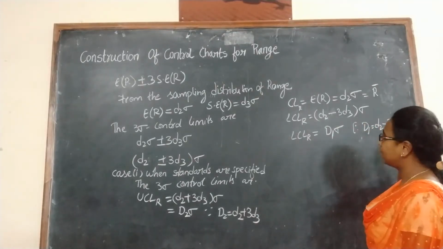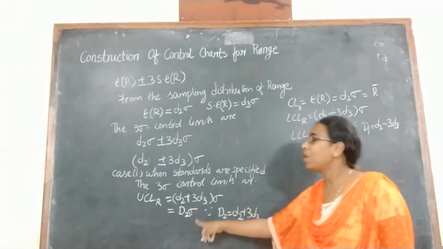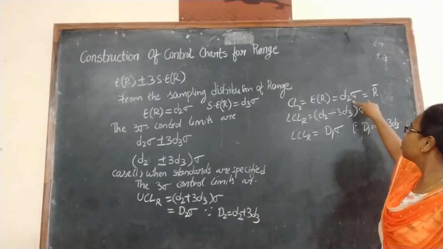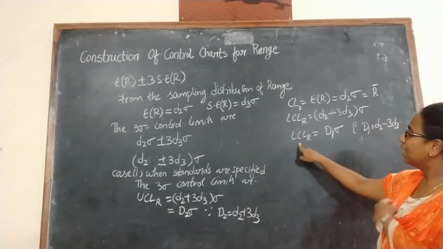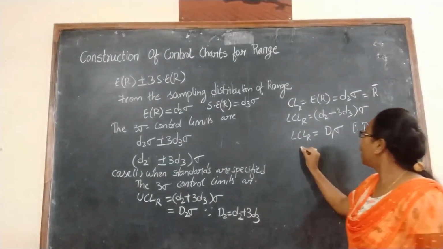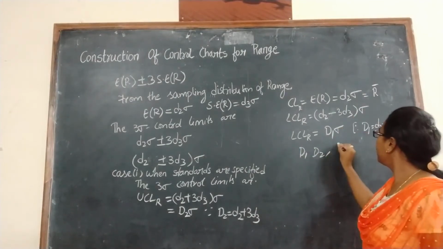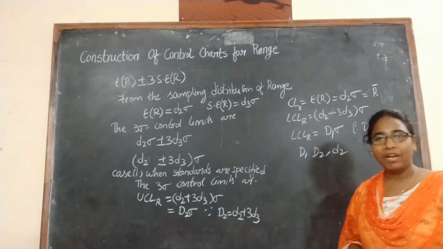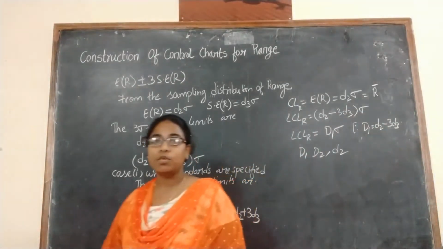So what is the UCL here we got? Capital D2 sigma, and the CL is small d2 sigma, or you can write R bar, and LCL equals capital D1 sigma. The values of D1, D2 and small d2 can be obtained from the SQC tables for the different values of n.